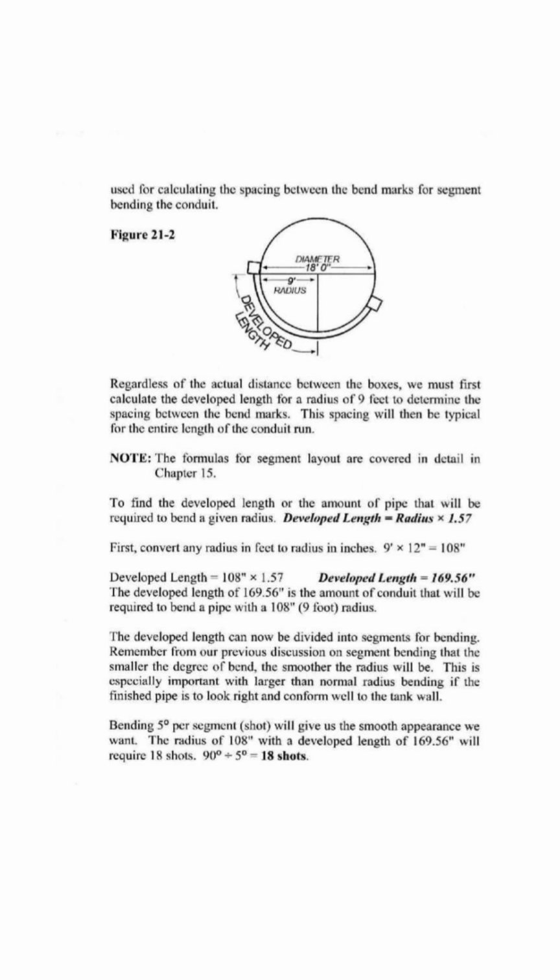The radius of 108, with a developed length of 169.56, will require 18 shots: 90 degrees divided by 5 degrees equals 18 shots. By dividing the developed length of 169.56 by 18, we get a spacing between bend marks of 9.42, or approximately 9 3/8.